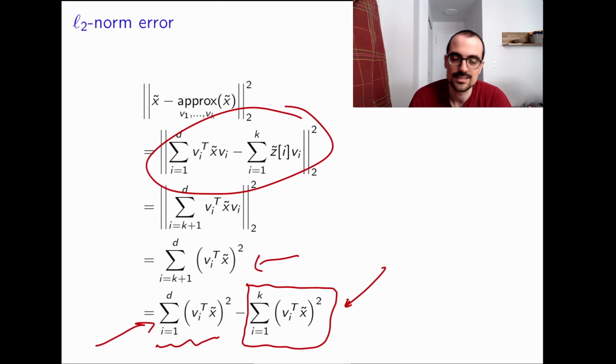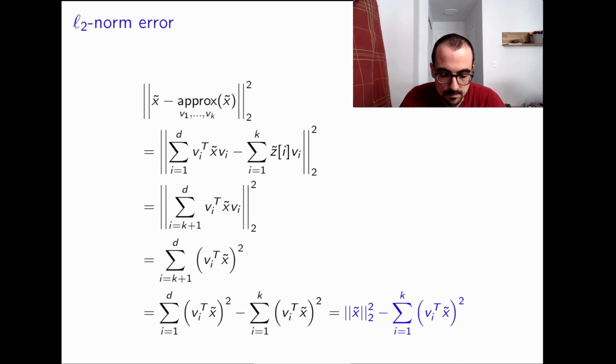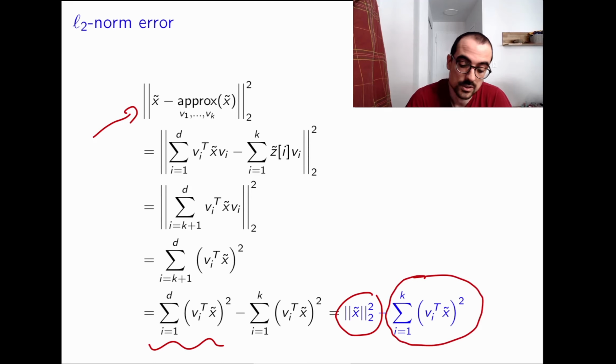Formally, we have expressed the L2 norm approximation error as the norm of the random vector, which we cannot really do anything about, minus the sum of the squares of the inner products of each of the k first vectors in the orthonormal basis that we're using to perform dimensionality reduction with the random vector.